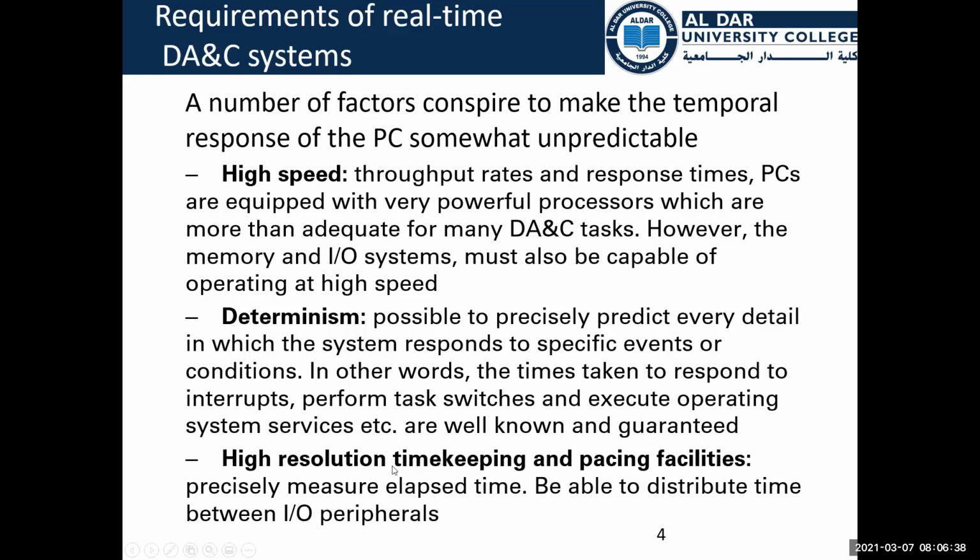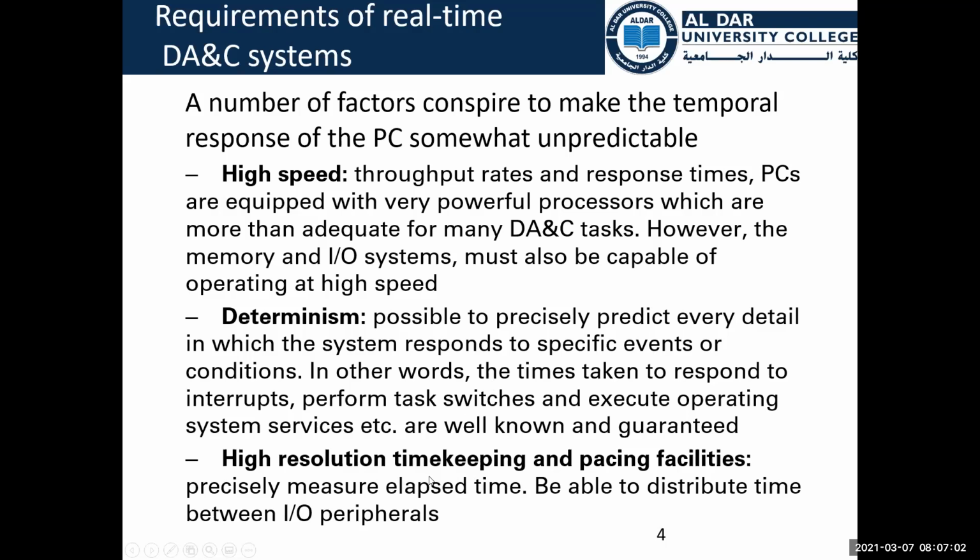And the third requirement is high resolution timekeeping and pacing facilities. This means the computer should have the ability to measure the elapsed time and also be able to distribute the time between input output peripherals.